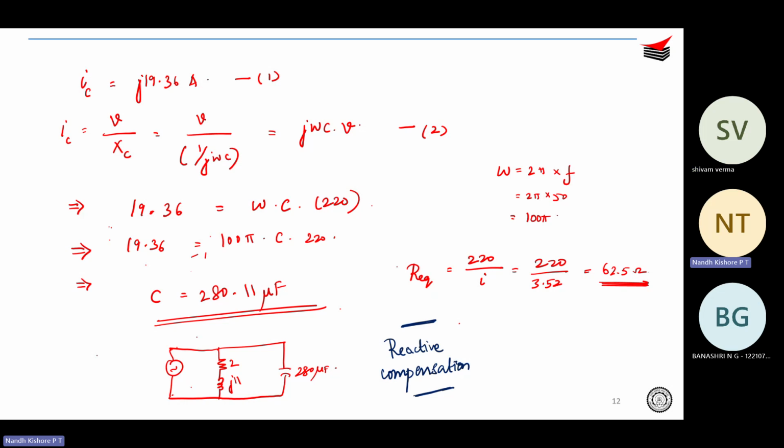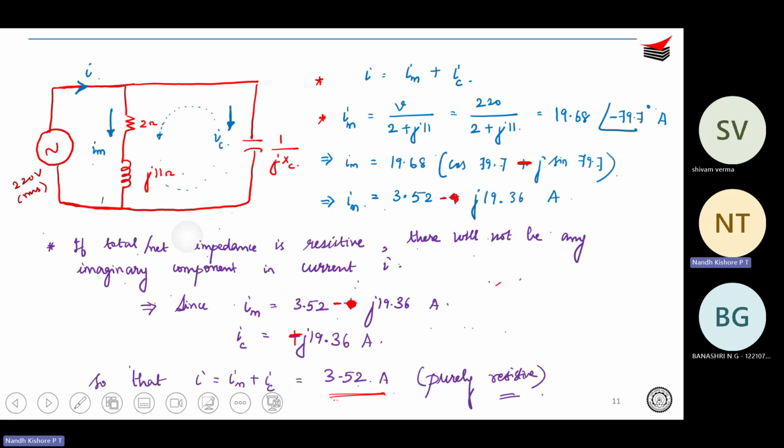Very widely employed. But you need to understand what value of the capacitor is to be chosen. If you know the motor parameters, that is 2 plus j11 ohms, the motor will give you the motor resistance and the winding inductance, so the impedance would be R plus jXL.